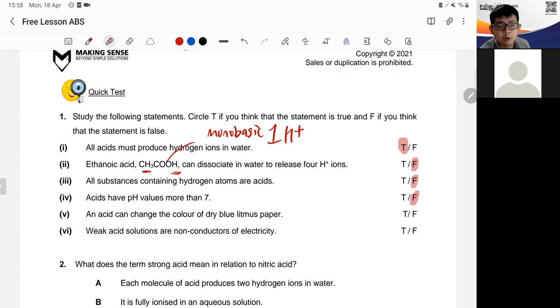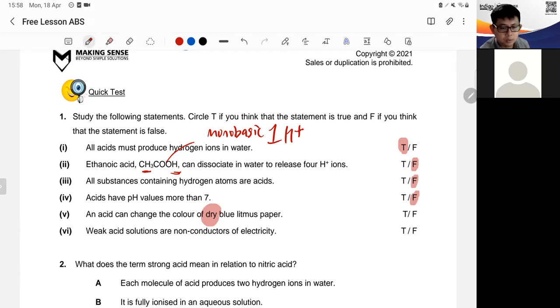Acids can change the color of dry blue litmus paper. Okay, this is interesting. Look at the word dry here. Just now we said that acids can only act as acids in water. It means the acidic properties actually only show up when they are dissolved in water. What if there is no water? Then it wouldn't work, of course.